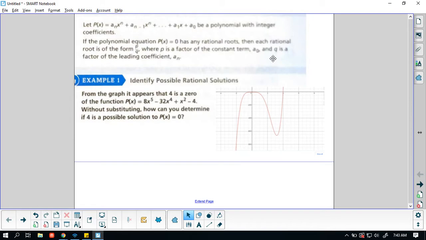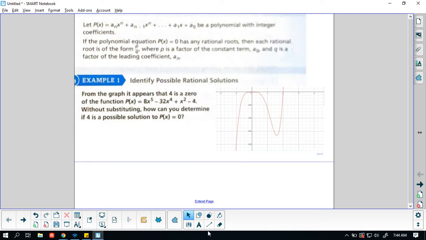So when they say p is a factor of the constant term a naught, this is this last term here, and q is a factor of a n, this first term here. So you're looking at the final term coefficient divided by the first term coefficient, or the leading term coefficient. So let's look into example 1.